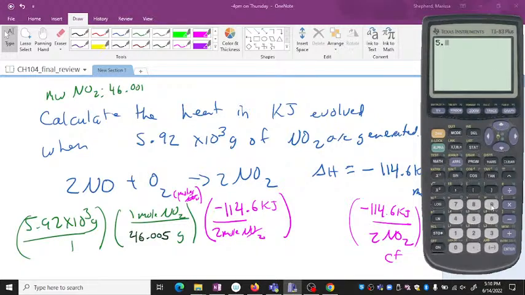So 5.92 times 10 to the 3rd divided by the molecular weight of NO2, and take that times our negative 114.6 and then divide it by 2.